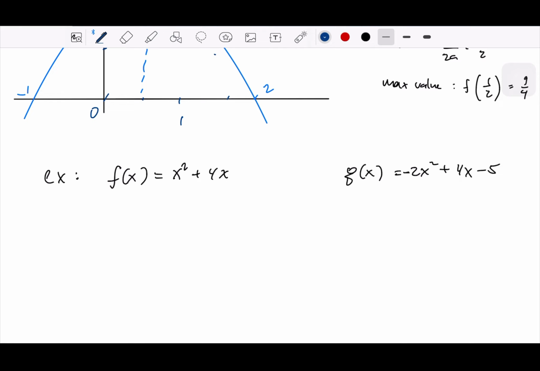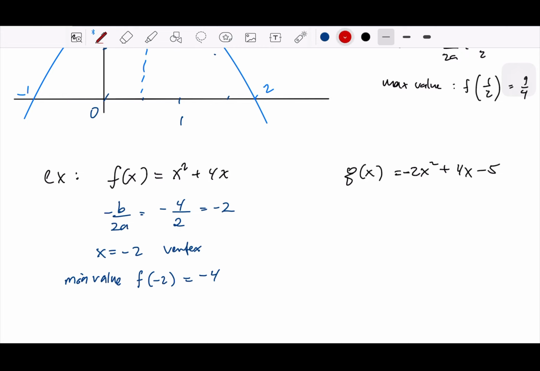The first one, we could use factorization, x times x plus 4, or we could just directly use negative b over 2a. Negative 4 over 2 is negative 2, so x equals negative 2 is the vertex. So the minimum value is 4 plus negative 8, which is negative 4.